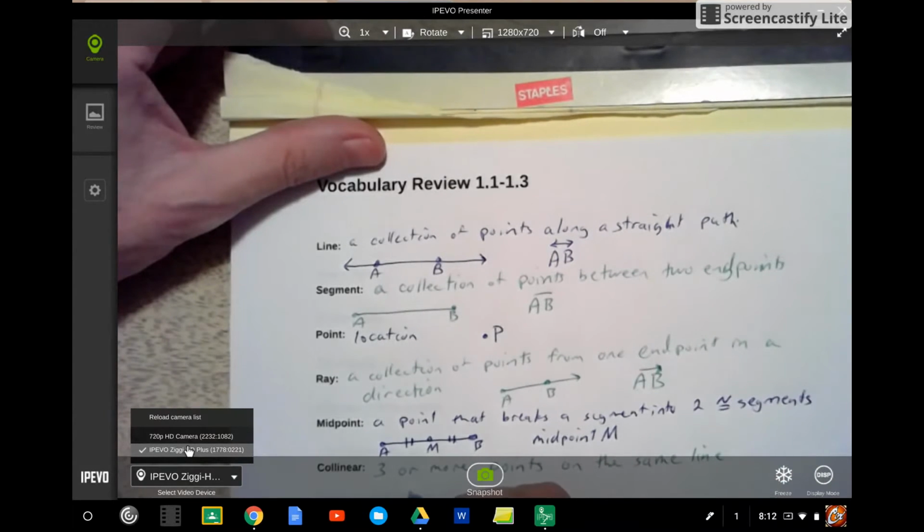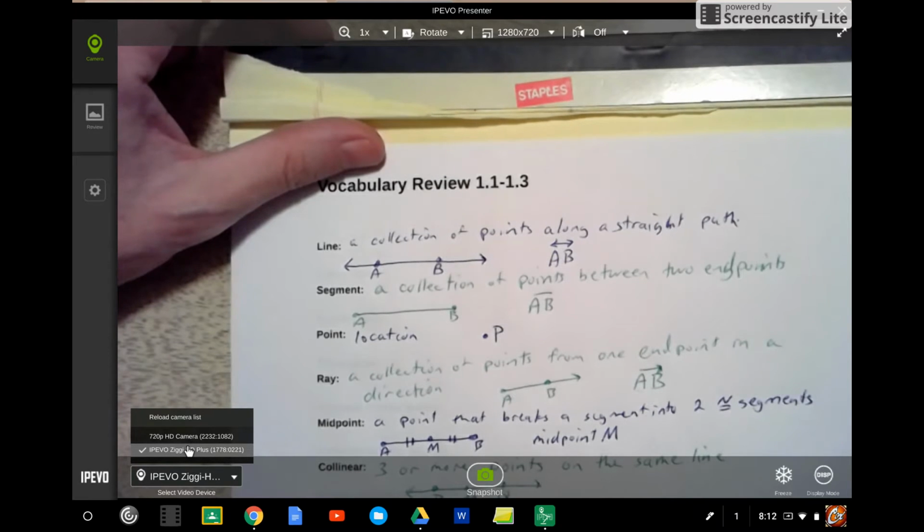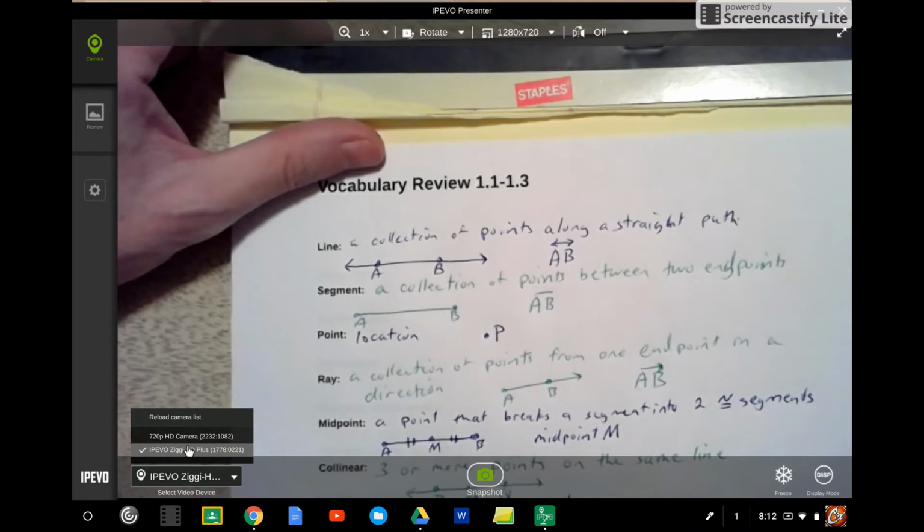Collinear. Collinear means three or more points on the same line. Okay, an example of collinear points, if I've got a line and we got points P, M, and Q. Those are collinear. Concurrent. Concurrent is three or more lines intersecting at one point.